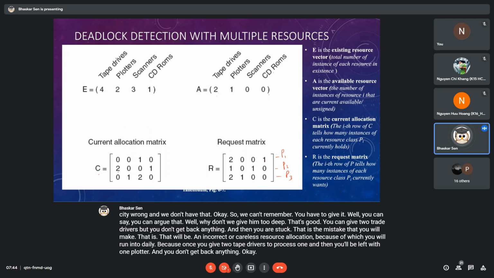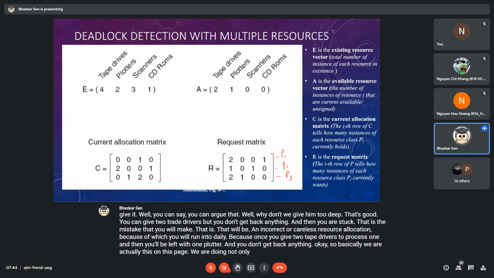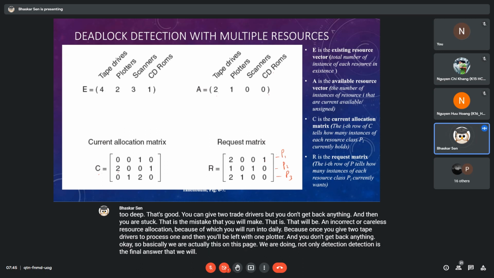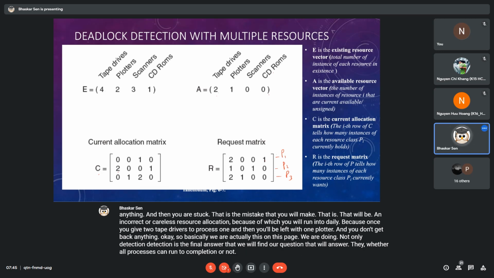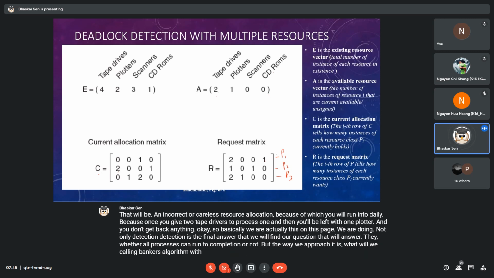Okay? So basically, on this page we are doing not only detection. Detection is the final question that we'll answer: whether all processes can run to completion or not. But the way we approach it is what we will be calling banker's algorithm with multiple resources, one of the most and the hottest questions that we ask in the exam.